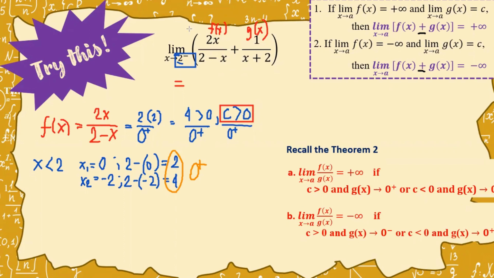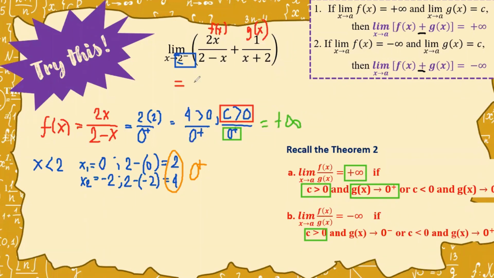Next naman, 0 plus. Saan dito yung may 0 plus? Sa theorem 2 to ha? Baka malito kayo. So, we have here 0 plus. So, ano yung result? Positive infinity. Very good. So, the result here is equal to positive infinity.